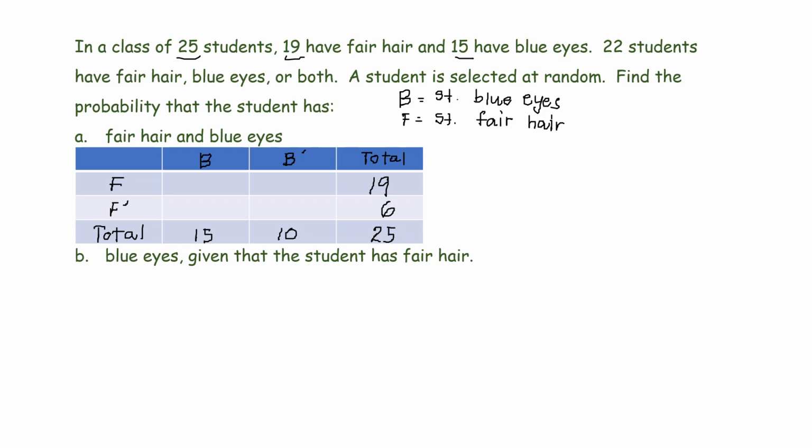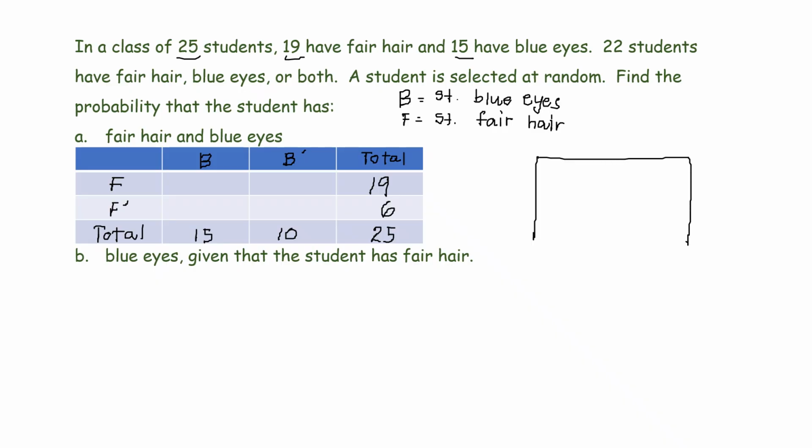Now, how do we get the numbers here? Let's use this: 22 students have fair hair, blue eyes, or both. In this case, I want to use a Venn diagram.